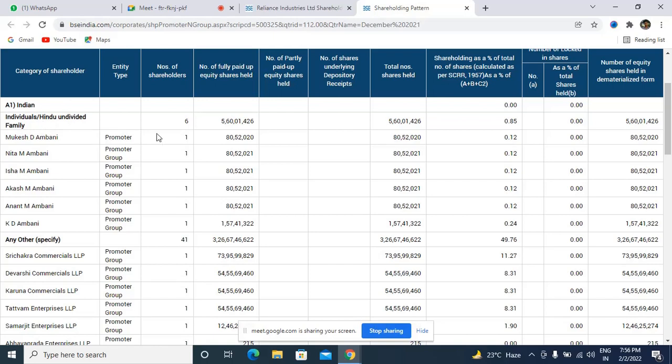Sir, I have one doubt. We are looking at the BSE's website for all this data, but when we buy shares from brokers, there are two exchanges, BSE and NSE.